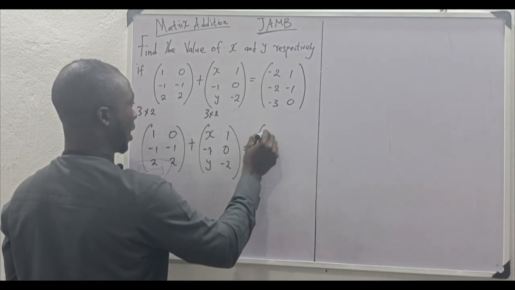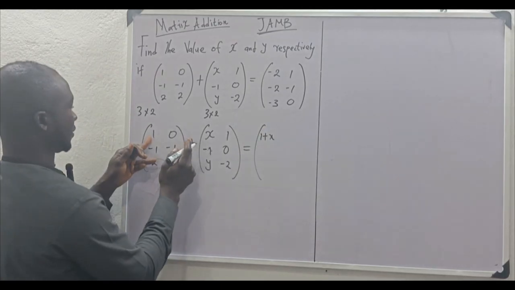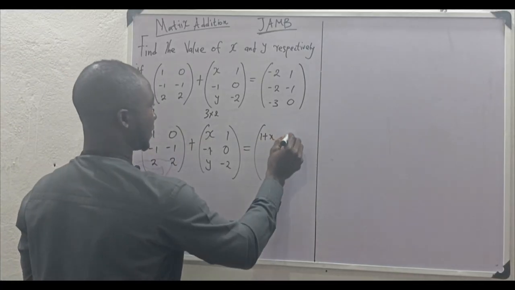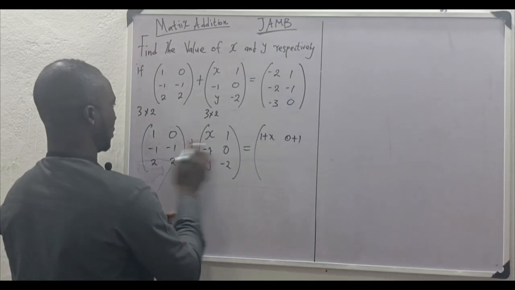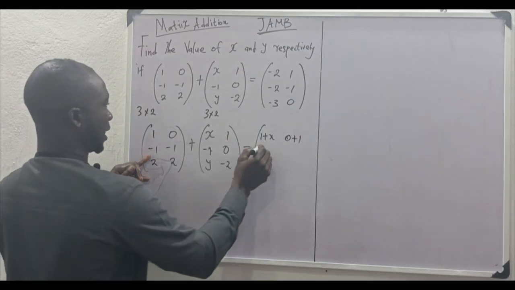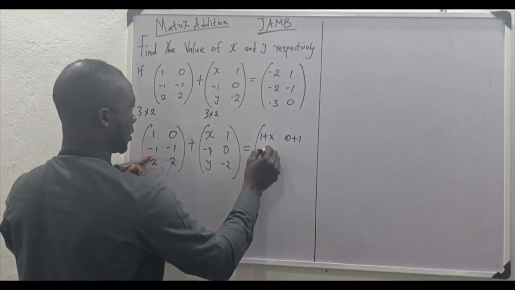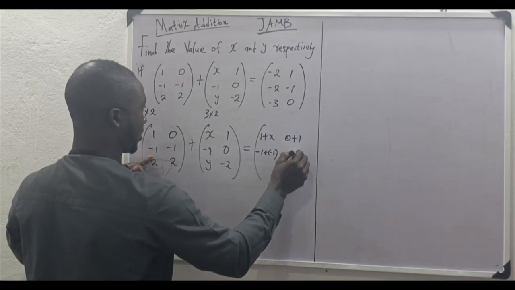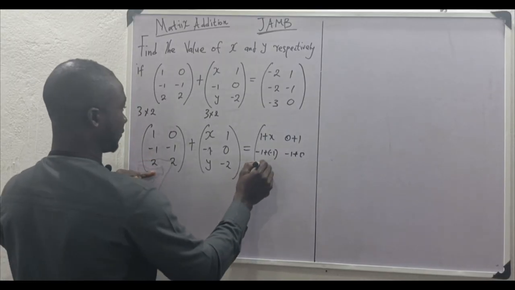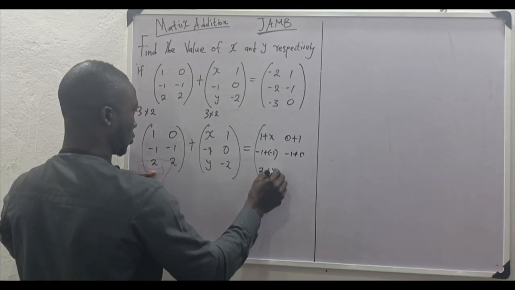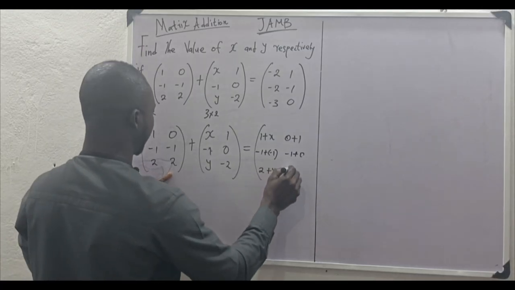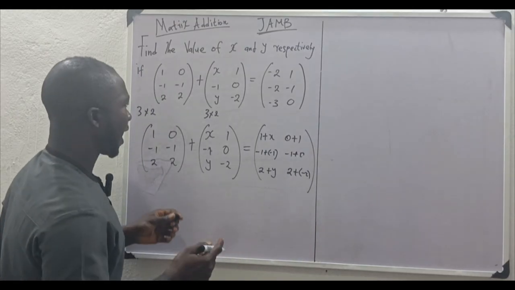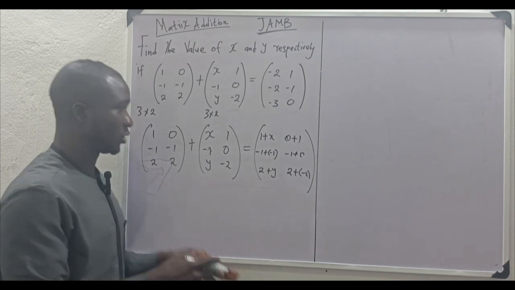That is, we have 1 plus x, first row, first column; then 0 plus 1; then minus 1 plus minus 1; we also have minus 1 plus 0; we then have 2 plus y; and finally, 2 plus minus 2. So we added elements in the same position.